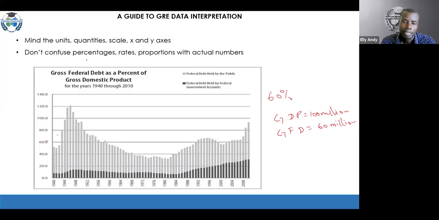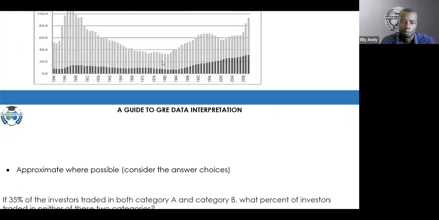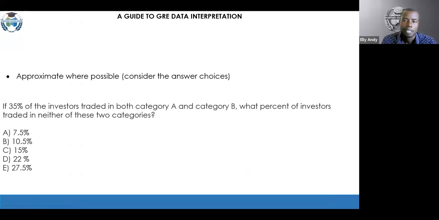So again, you can see the need to understand percentages, rates, and proportions when it comes to data interpretation questions in the GRE.